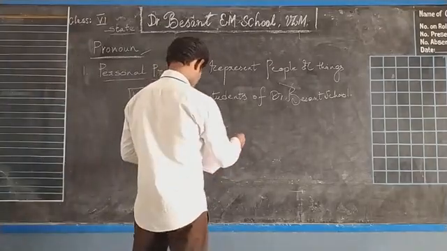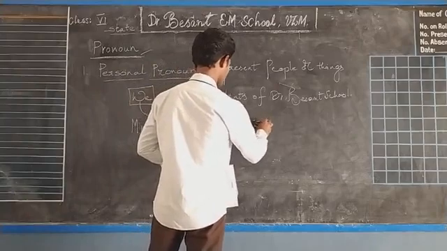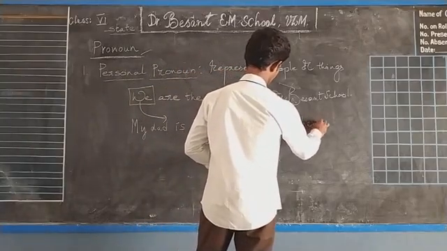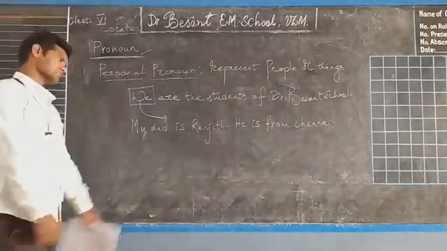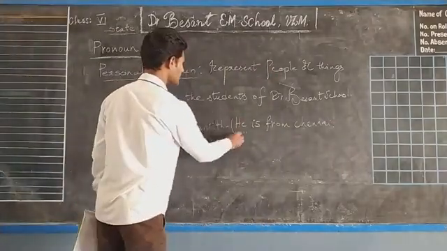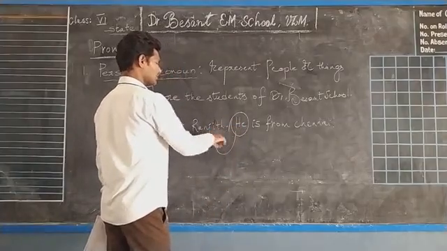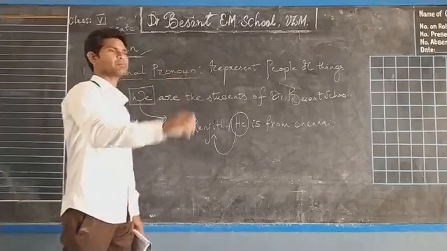He is from Chennai. See this sentence: My dad is Ranjit. He is from Chennai. So who is he? The word he refers to a certain person.